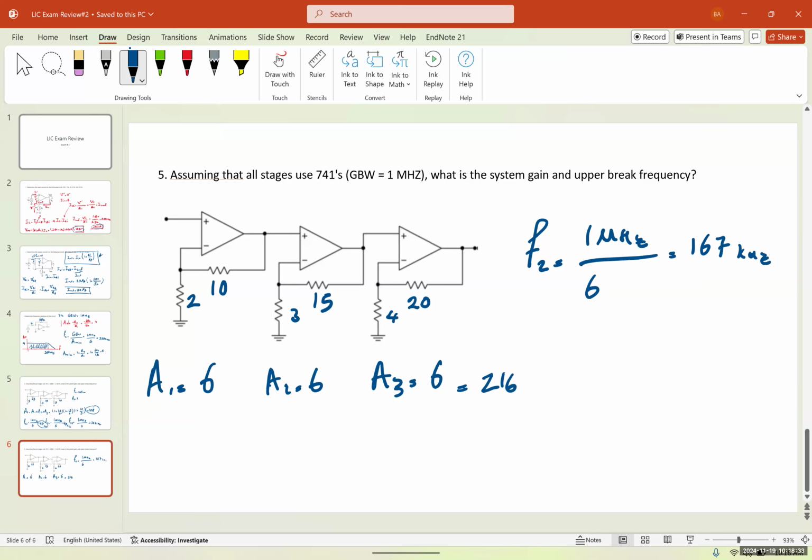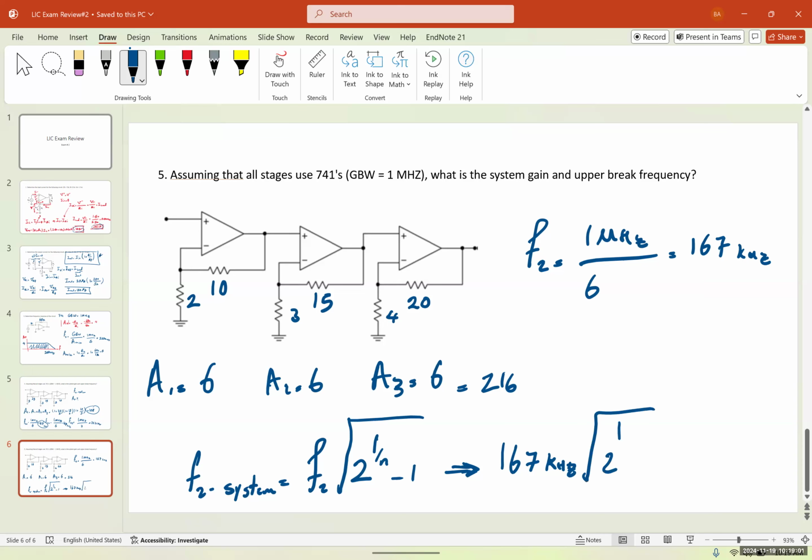Now, since all of them are the same, F2 of the system would be actually calculated using this equation. It's going to be F2 times the square root of 2 to the power of 1 over n minus 1. We have 3 stages, so n would be 3. So therefore, F2 of the system would be equal to 167 kilohertz times 2 to the power of 1 over 3 minus 1.